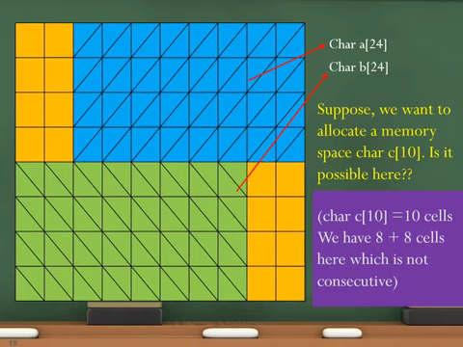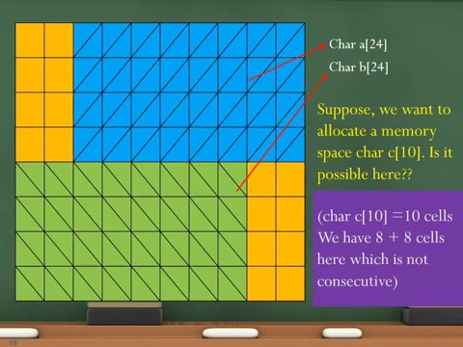Suppose that we have 2 character arrays of size 24. The first block, blue block, is character array A and second block, green color, is character array B. Suppose we want to allocate a character array of size 10. Is it possible here?